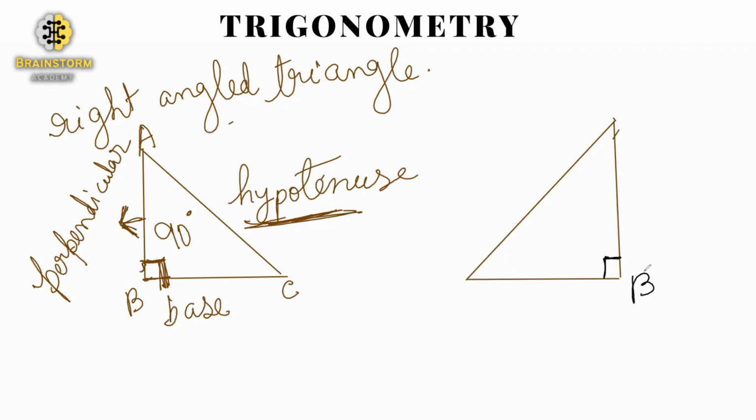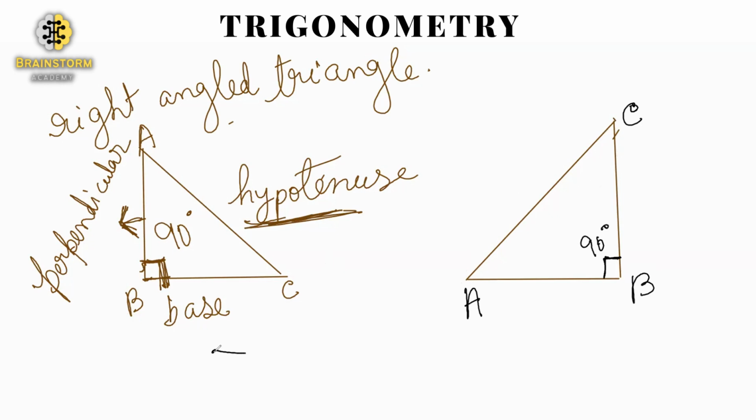I'm keeping B at its place, at the 90 degree. I'm putting A over here this time and C over here this time. Can you see? In the previous one, A was at the top and C was at the bottom. Here I just changed it.